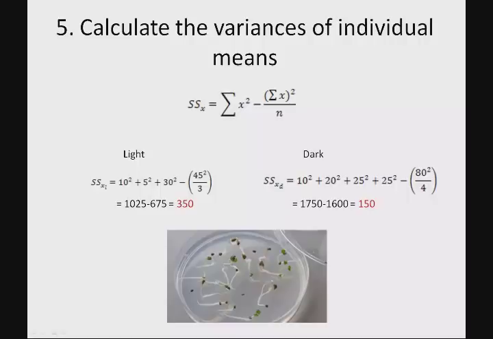So if you look at that equation at the top and see where those numbers come from, it ends up as 1025 minus 675, which gives us the variance there of 350, and in the case of the dark grown plants, it's 150. Remembering to divide by the different numbers of observations in our samples, 3 in the case of light and 4 in the case of dark.